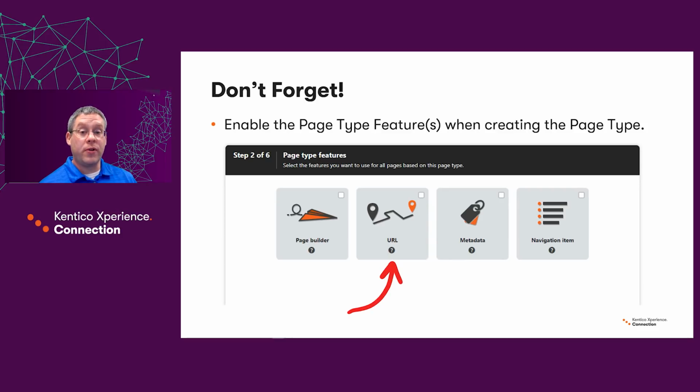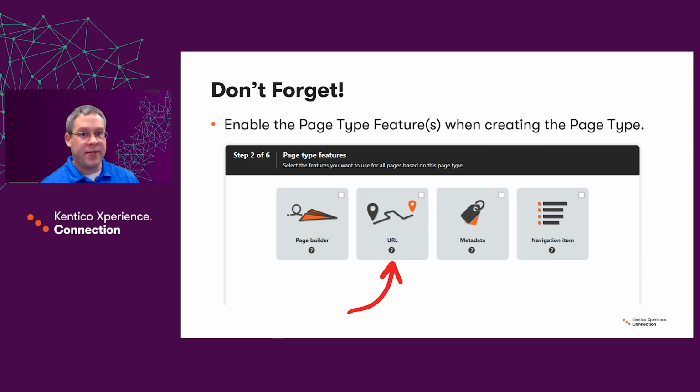But if you're going to use either the basic routing or the advanced routing, don't forget, and this literally killed me for a long time, that when you create the page types ahead of time, you have to enable these features. Currently, there's no way to go back later and toggle these things on or off after you've created them. That's why I'm telling you this tip.